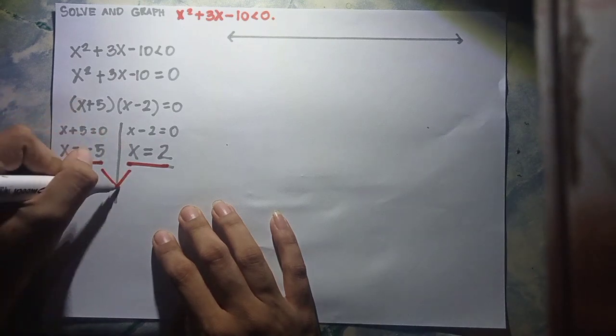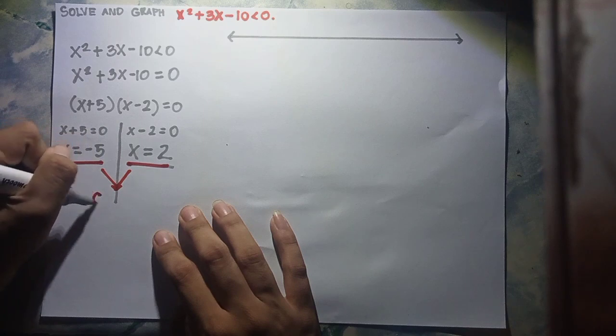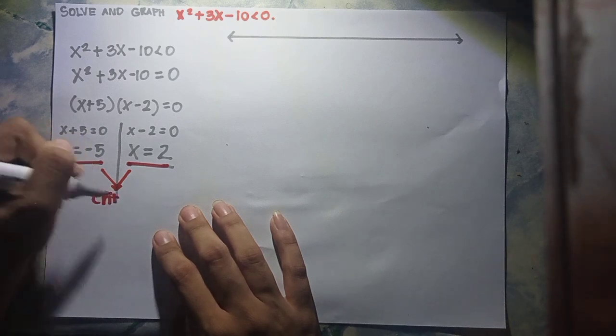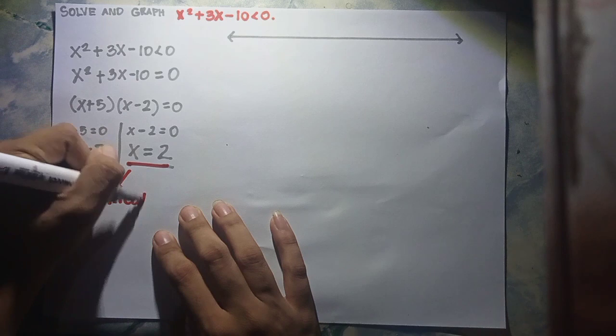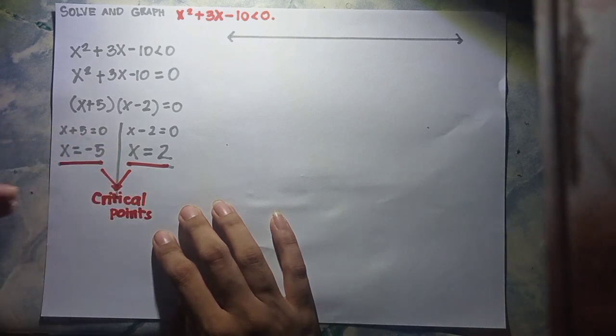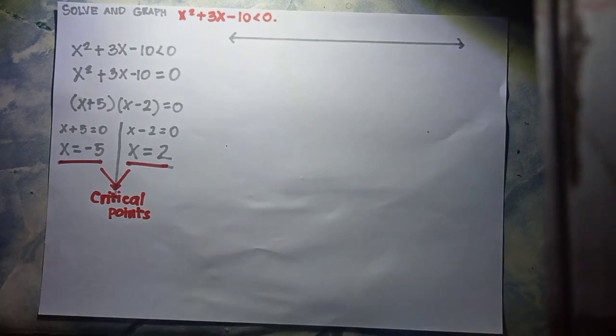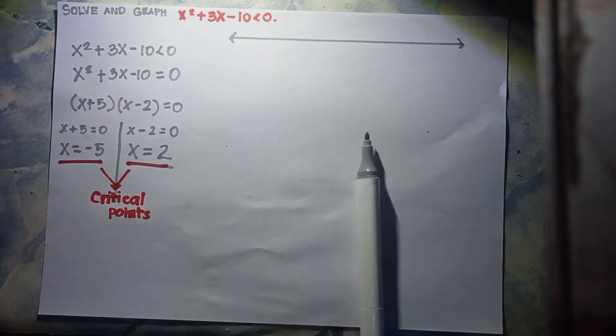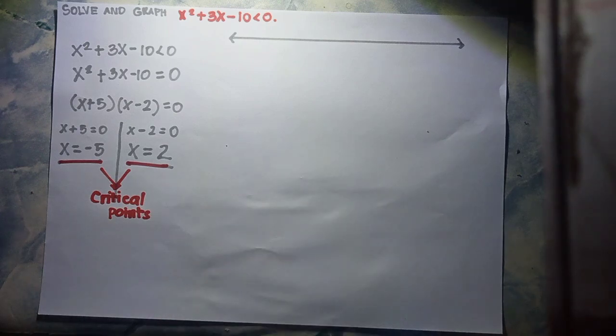Now, they are called the critical points and values. They will be represented within our graph and our number line.